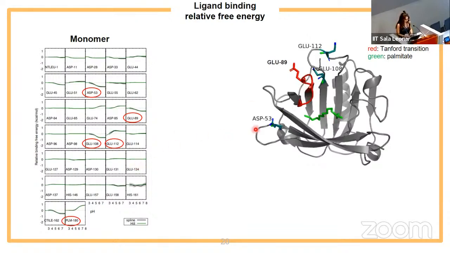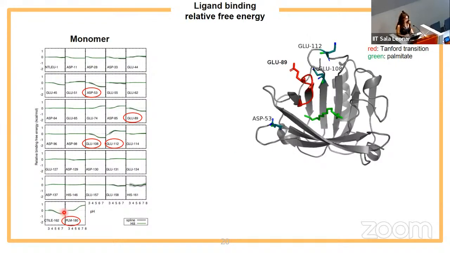For example, this aspartate here contributes, but it's far from this hydrophobic cavity. However, these ones are located near it, and again, the glutamate 89 contributes to this binding free energy. Also, palmitate has a big contribution.